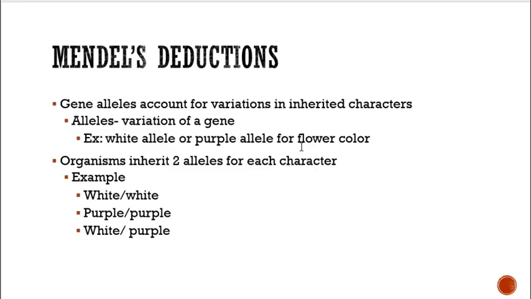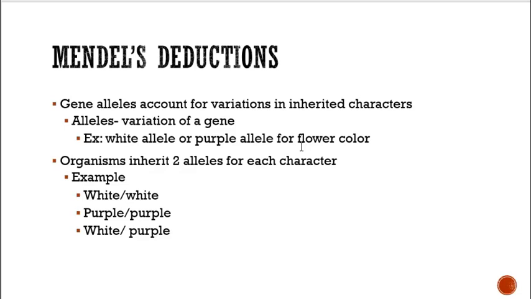DNA has hundreds of genes along the length of the DNA strand, and these genes can have slightly different information encoded within them, and that is what we call an allele. There could be many different alleles that are present in a population for that particular character.